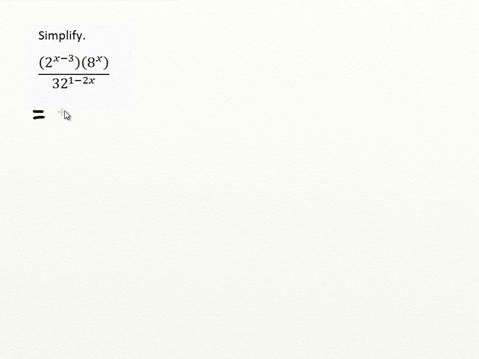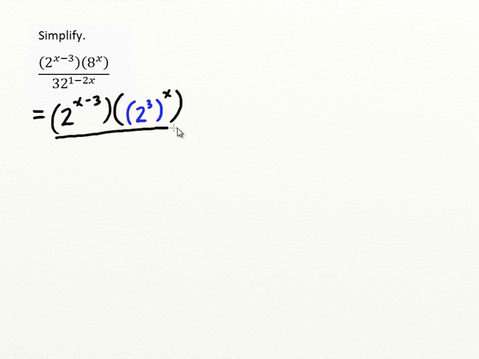Let's leave the first term alone, the 2 to the exponent x minus 3, and then let's work with the second one. Now I'm going to remove the 8 and substitute in its place 2 cubed. Because 2 times 2 times 2 is 8. And then the rest of the expression remains the same.